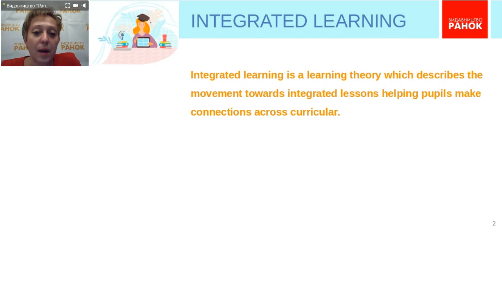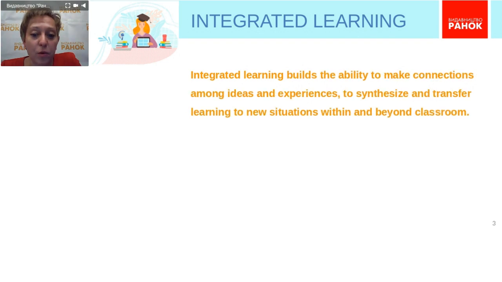So, one of them tells that integrated learning is a learning theory which describes the movement towards integrated lessons, helping pupils make connections across curricula. And the following definition states that integrated learning builds the ability to make connections among ideas and experiences, to synthesize and transfer learning to new situations within and beyond classroom.